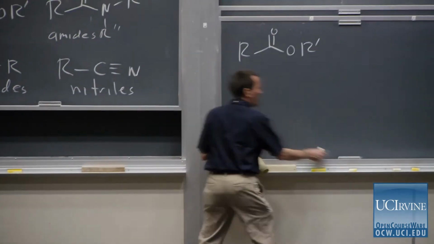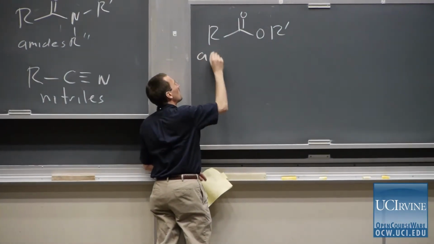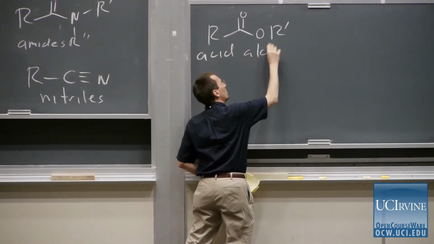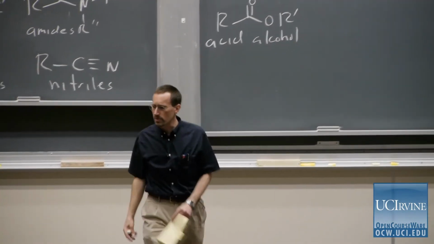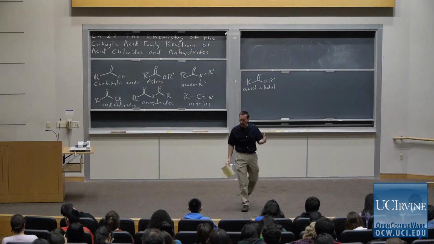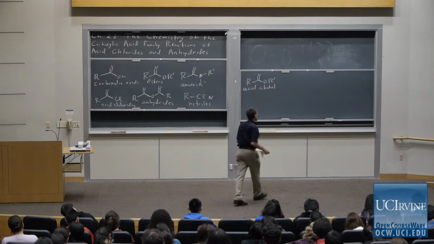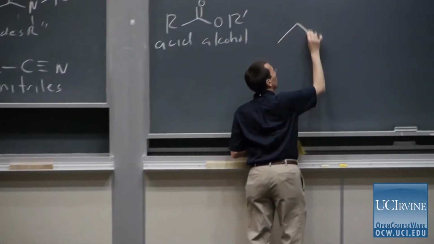So here we have an ester, and an ester, as I just mentioned, has one component that comes from an acid and another component that comes from an alcohol. And just recognizing those two key components is key to understanding their synthesis, some of their reactivity, and so forth. So let me take a specific ester and we can see how to name it.